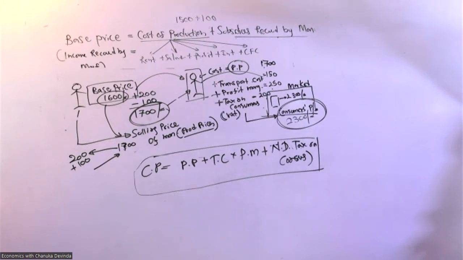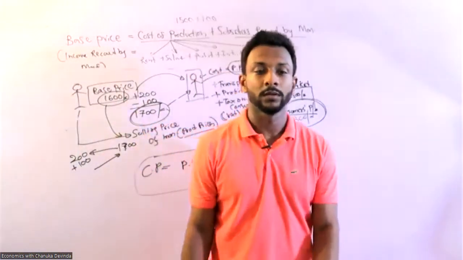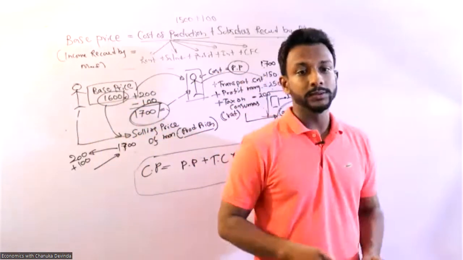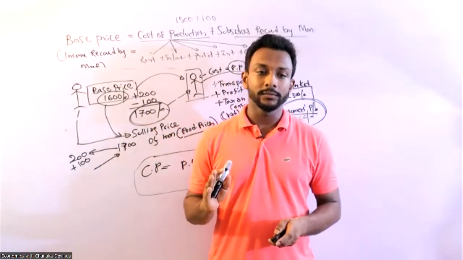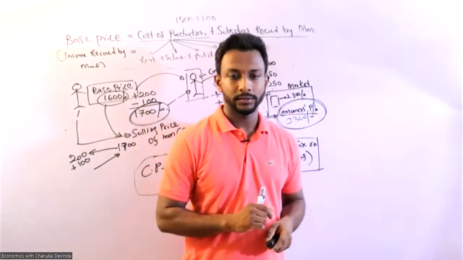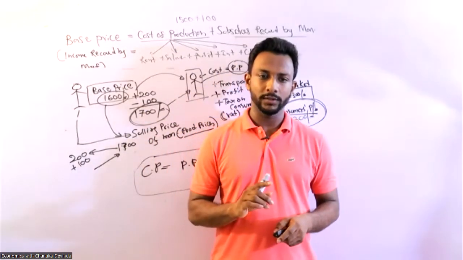Right, so next question. Second question, what are the other taxes on production? I told you under the base price there was a second point, right? Tax paid by the manufacturer on the product, not the second point.